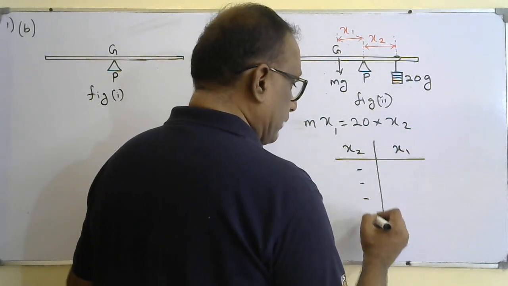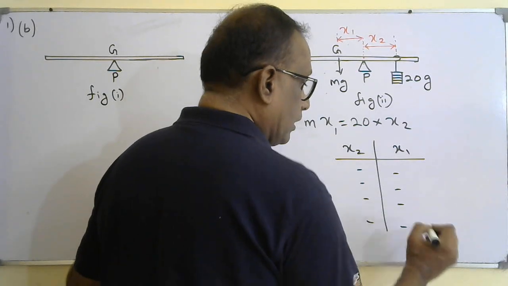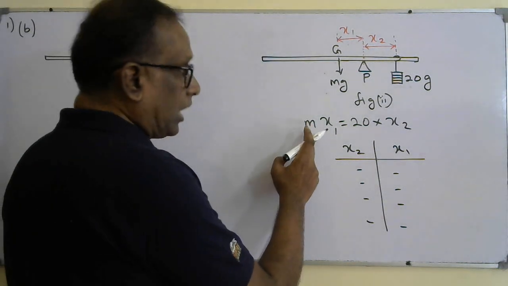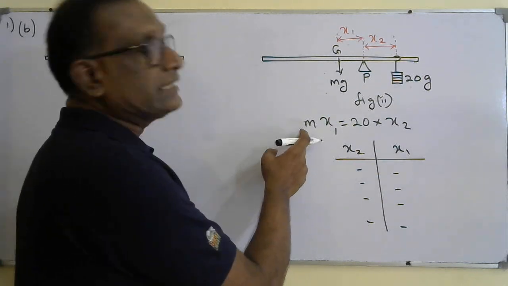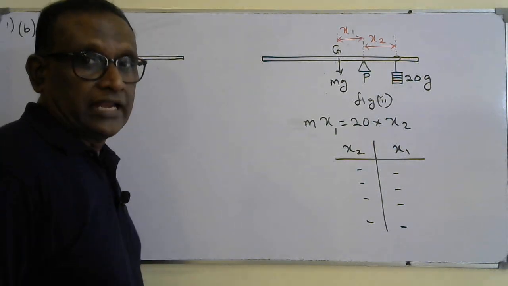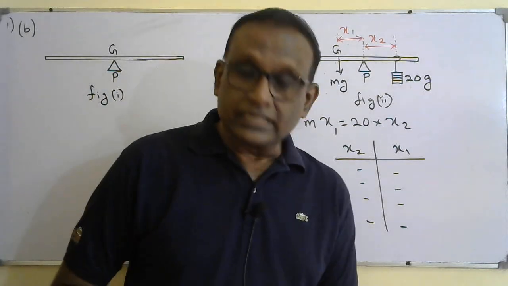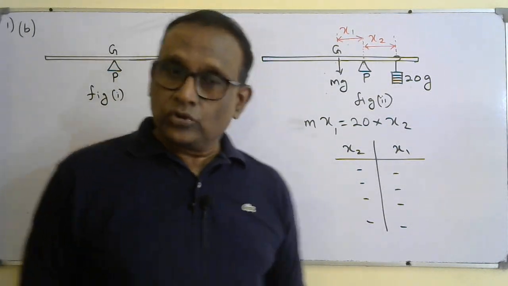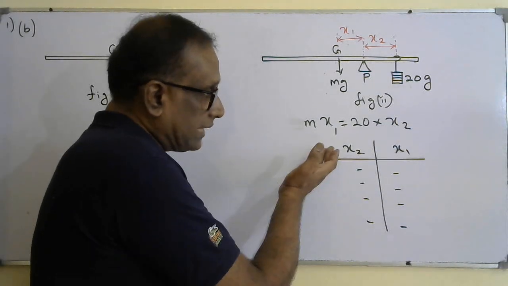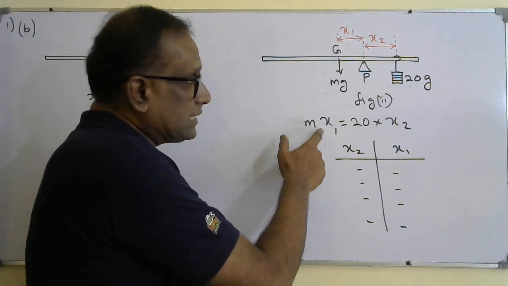So if you want, you can plot a graph. That is one method to find the mass of the ruler, or you can calculate the mass of the ruler from each reading and find the mean value. Either way you can give the final answer. You can plot a graph for different x2, the independent variable, with x1 as the dependent variable.